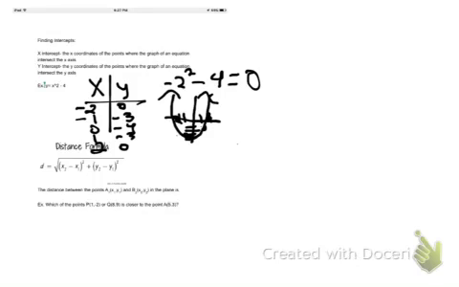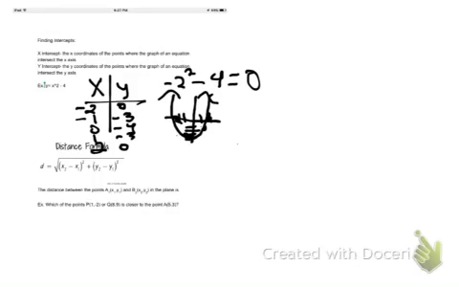And then another way to use the coordinates to do something would be the distance formula. So the distance formula is d equals the square root of (x2 minus x1) squared plus (y2 minus y1) squared.